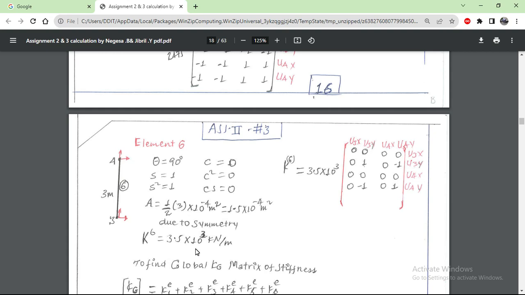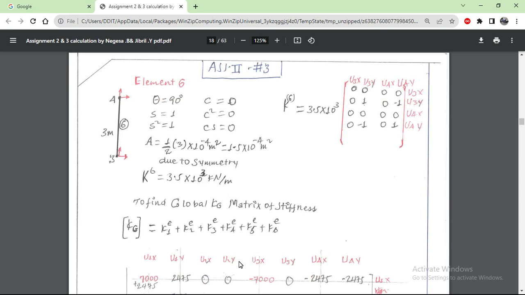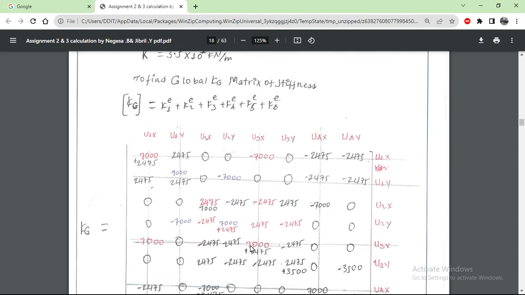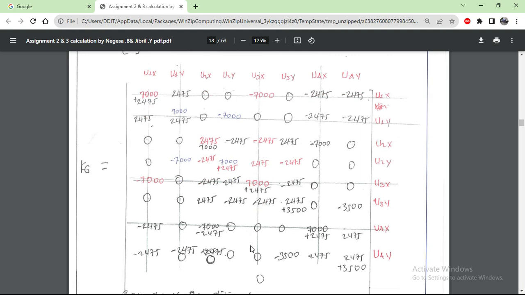To find the global stiffness matrix, Kg equals K1 for element number 1 plus K2 for element number 2 plus K3 for element number 3 plus K4 for element number 4, and for numbers 5 and 6. The assemblies of those are like this. The assemblies of elements 4 and 6 are like these ones.